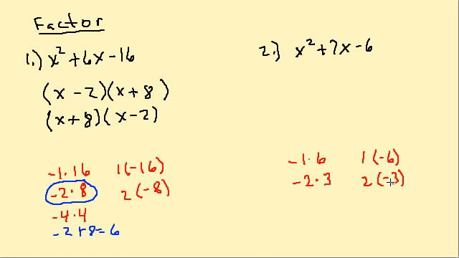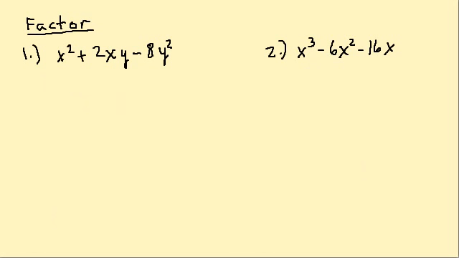And 2 plus negative 3 is negative 1. So nothing's giving me positive 7. So this one cannot be factored. We'll say this is prime. That means it cannot be factored.